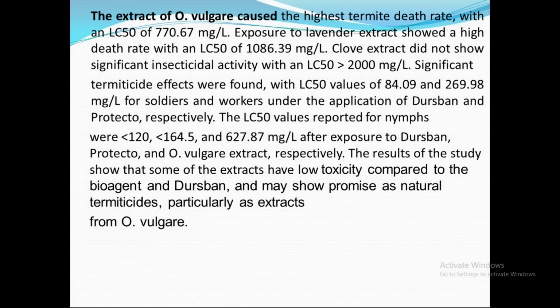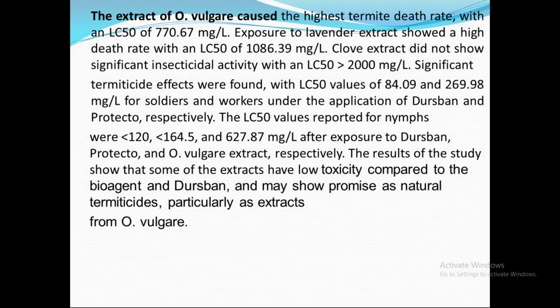Besides that, we can also see the effect of Rosban and Protecto as chemical pesticides. It's a huge effect on soldiers and workers under the application of these two chemical pesticides.